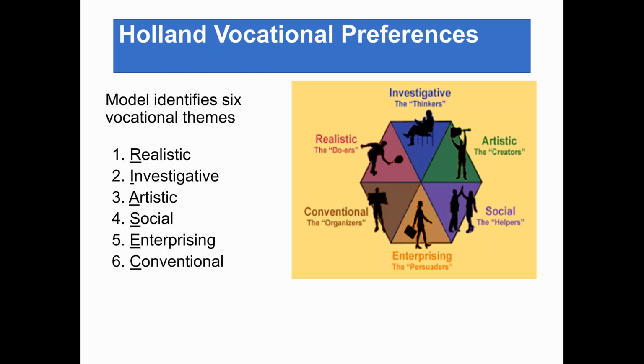An important thing to consider here is that we need to think of the themes in a way that the realistic people we call doers, investigative the thinkers, artistic the creators, social the helpers, enterprising the persuaders, and conventional the organizers. Now we'll see all those vocational themes in detail.